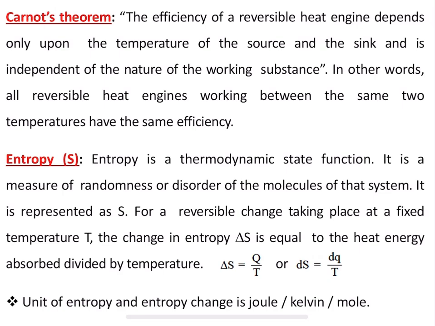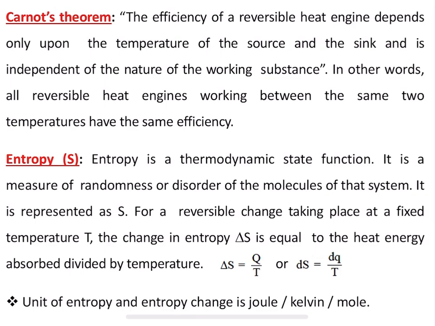This is what we derived in our previous class with the help of the Carnot cycle, and we also saw a new scale of temperature given by Lord Kelvin. Generally, temperature depends on the nature of the working substance.